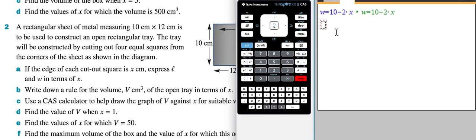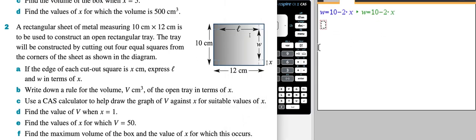That's the width, because I can see the width is in total 10, but I'm taking the X part and the X part away to give me what W is.